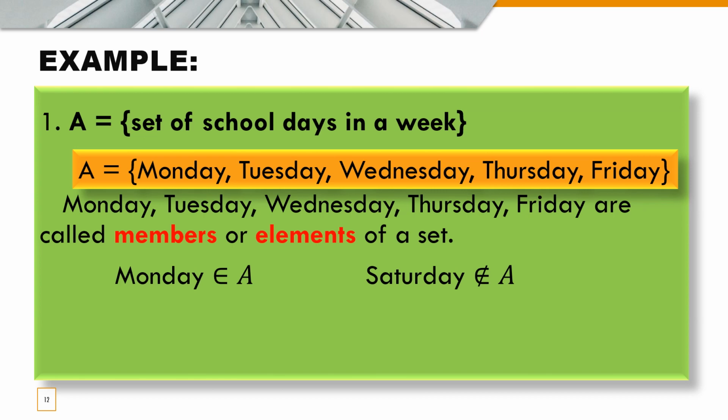It's not an element of set A, because, as you can see, there is no Saturday in our set. Wednesday is also an element of A, but Sunday is not an element of A.